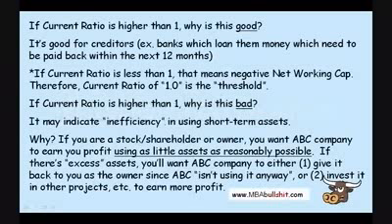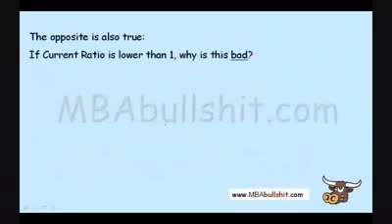So a higher current ratio is not always good. It is only good for creditors. For owners, it is not necessarily good. I'm not saying it's bad, but it can be bad. As you can see, it's more complicated than just saying that the current ratio is better when it's high or low.